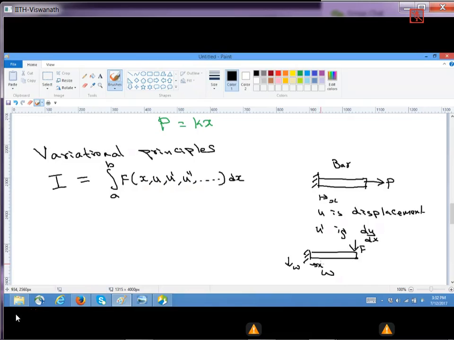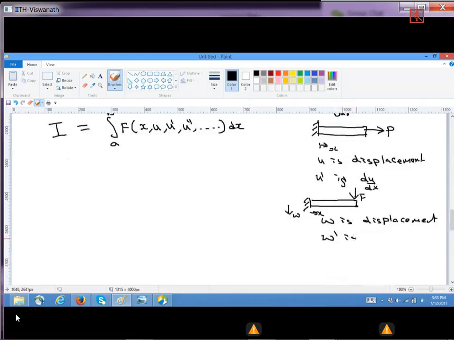So w is the transverse displacement, w dash is the slope, w double dash is the curvature, etc. So it depends on x, w, w dash, w double dash, etc. If I is a functional, a function of functions integrated in this manner, then we want a condition where this can be minimized. We need a stationary condition based on that.